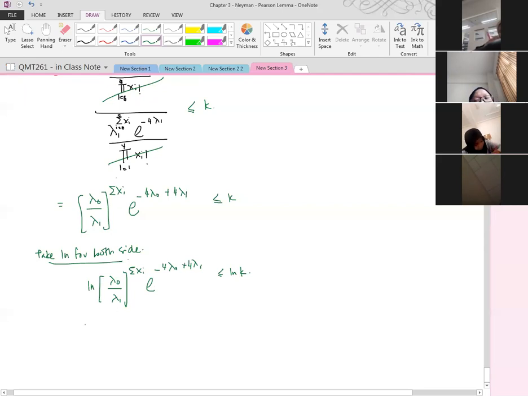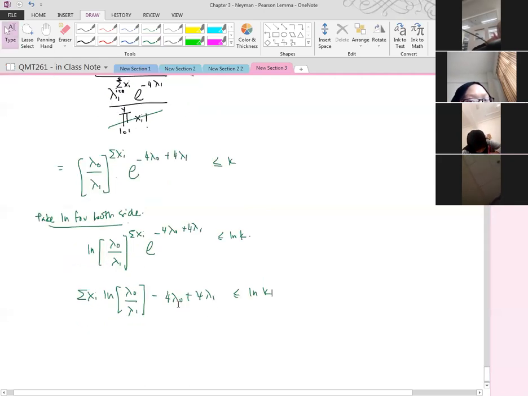So this one should be summation of xi times ln of lambda naught divided by lambda 1, minus 4 lambda naught plus 4 lambda 1, less than or equal to ln k.